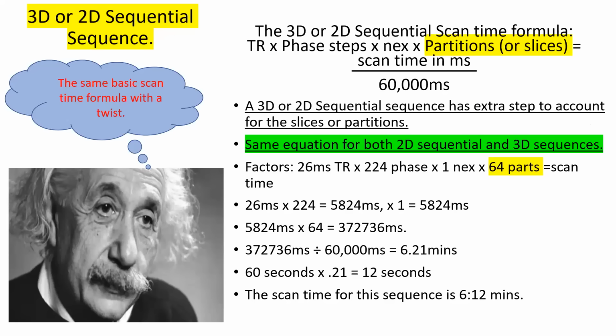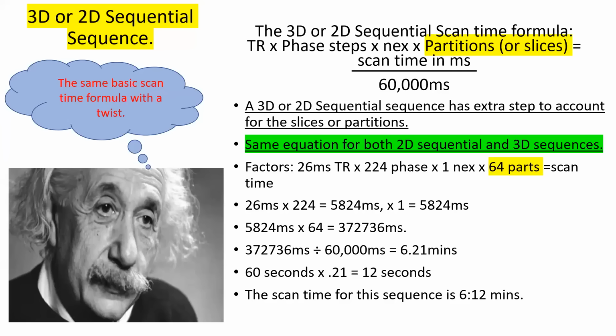They're going to tell you that. 3D or 2D, they have to tell you the number of slices because that's going to change your scan time. So TR times phase times nex times 64 is your scan time. Then divide it by 60,000, just like you've done 3 or 4 or 5 times. And that's going to give you your scan time in minutes and seconds. Again, it's easy math, but you've got to practice this stuff, because practice makes perfect.